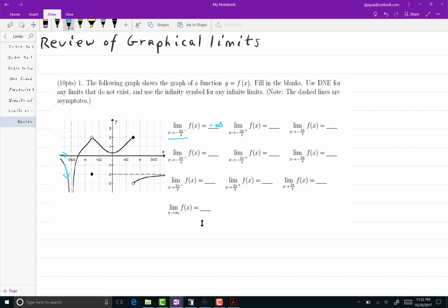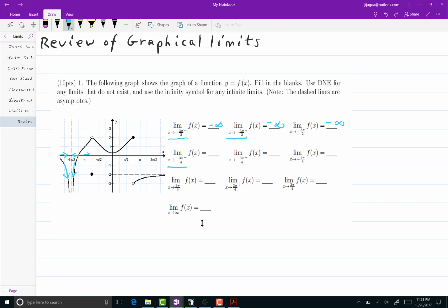So that one's pretty easy. Now next, x goes to negative 3 halves pi from the right. On the right hand side, that is also going downward towards negative infinity. And so that automatically means that the limit itself exists. As long as the left and right limits are the same, that is the actual limit.